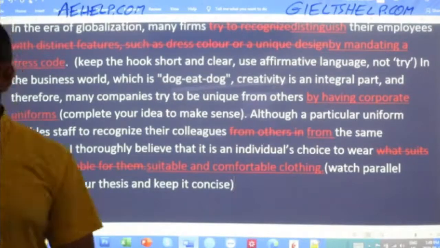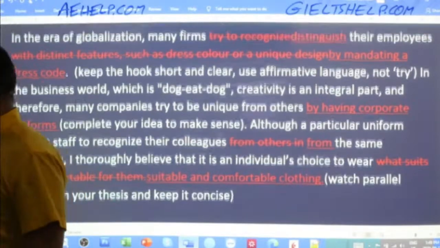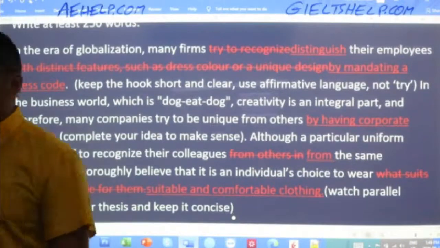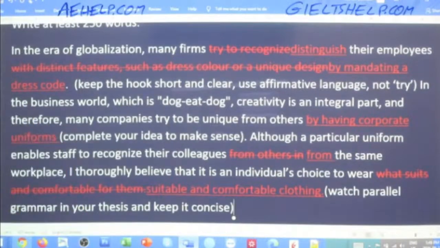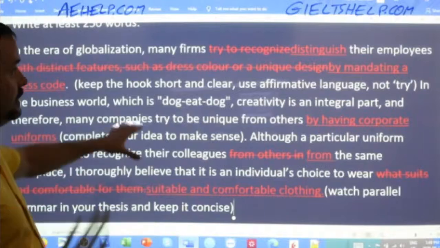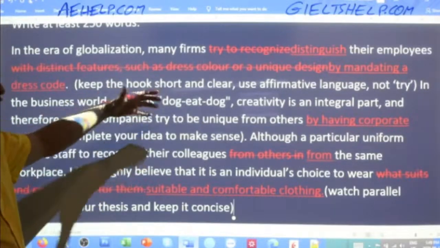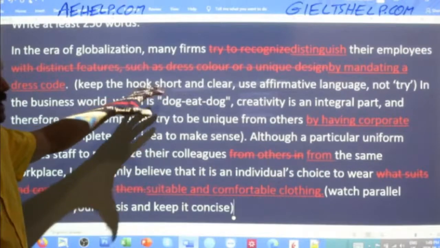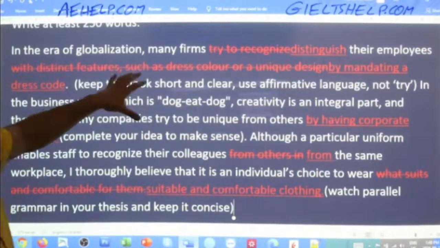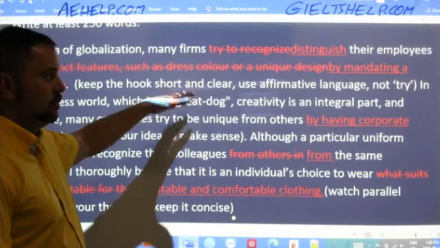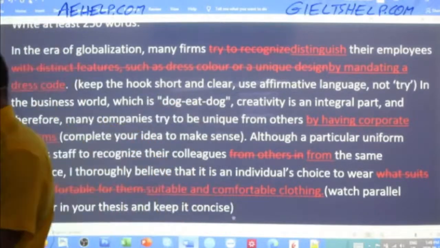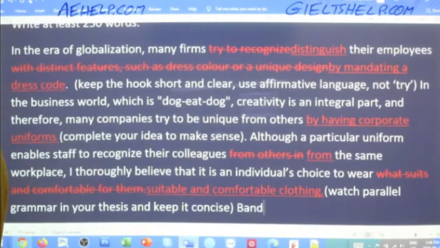And now the paragraph is much clearer, and if you're wondering, we've improved this introduction from a band, let's say, 6.5 to 7, to a band 8 to 8.5. So now this paragraph moves from band 6.5 to 8.5.